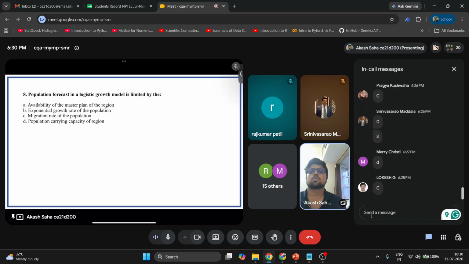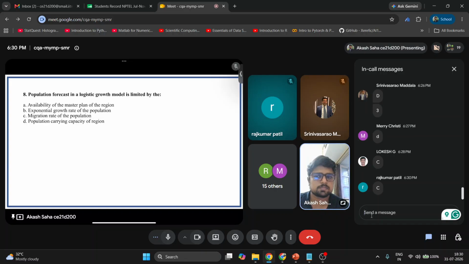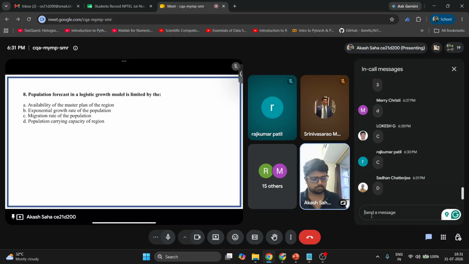So logistic growth model is limited by which of them? C, D. Okay. Any other answer?